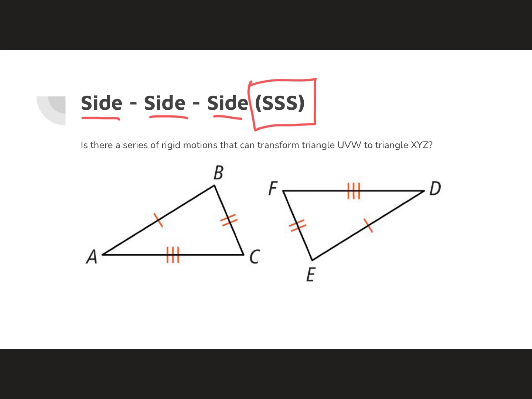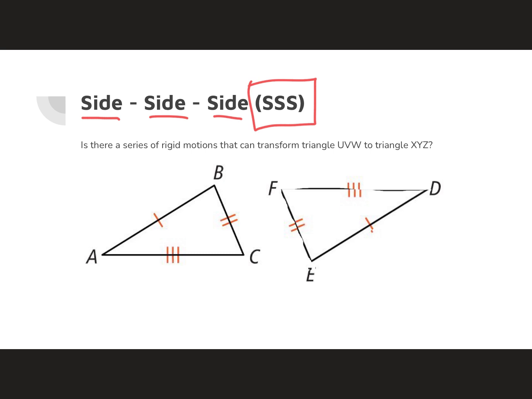So once again, if I cut these triangles out, you can see how if I just bring this over here, and then if I rotated it, I could end up overlaying the exact same triangles. Okay? So that's why they are the same.